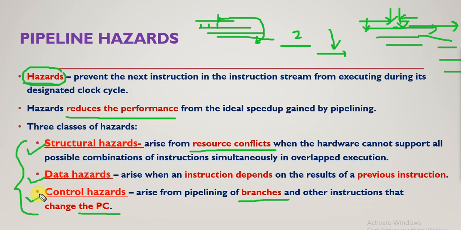So there are three types of hazards: structural hazards due to resource conflict, data hazards due to the unavailability of inputs from the previous stage, and third, control hazards, where the wrong instructions are being executed regardless of what the branch says should be executed.